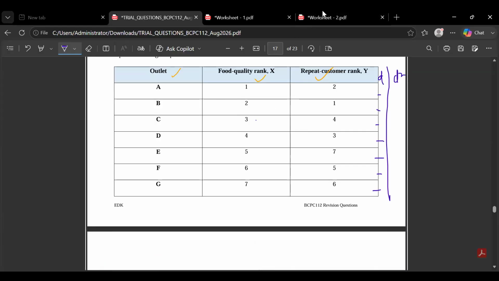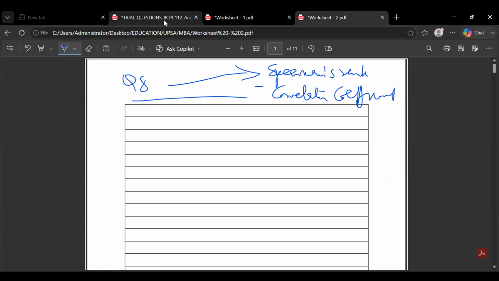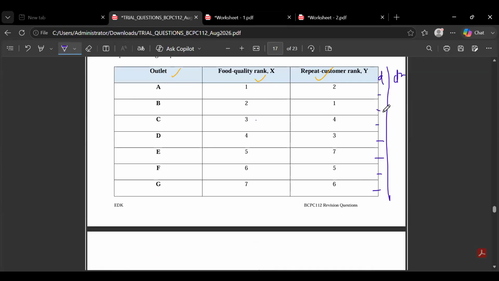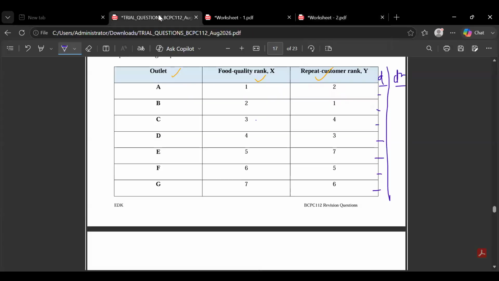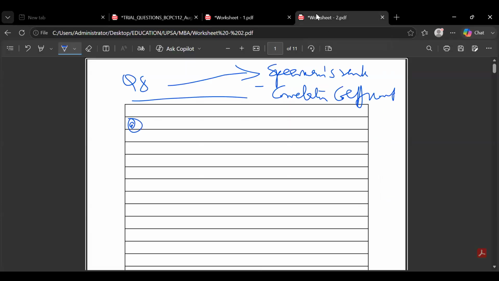So I'm going to repeat the same table here. How many columns? 1, 2, 3, 4, and 5, right? So what's the first one? Outlet, x, y.